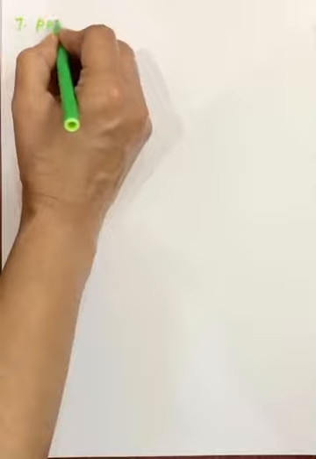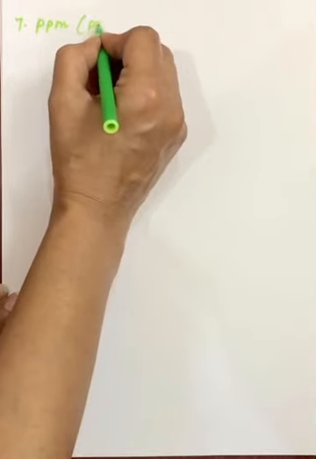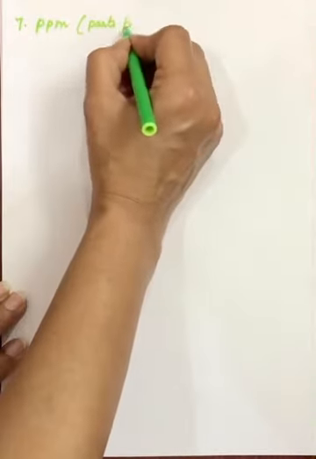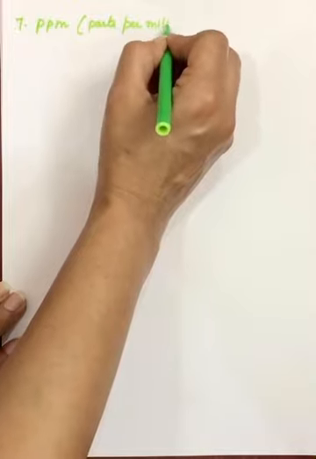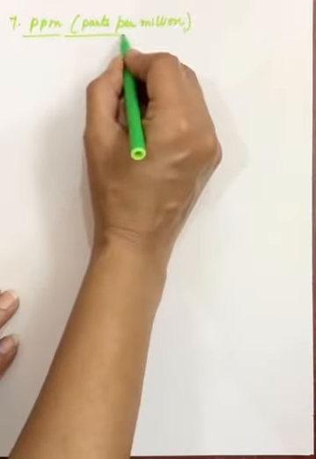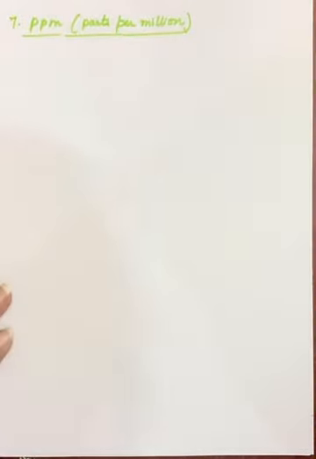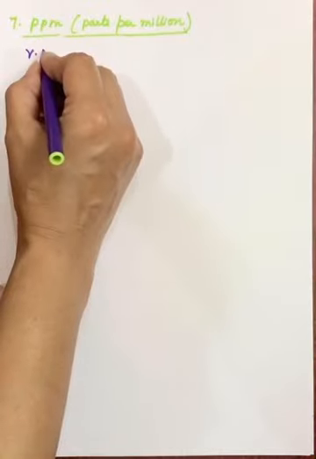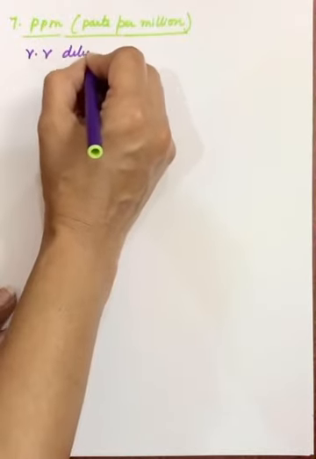Now moving on to the next concentration term, that is the last concentration term we are doing, is ppm. Its full form is parts per million. In 1 million, how many parts are there of a solute? Parts per million. This concentration term is used for very, very dilute solutions.